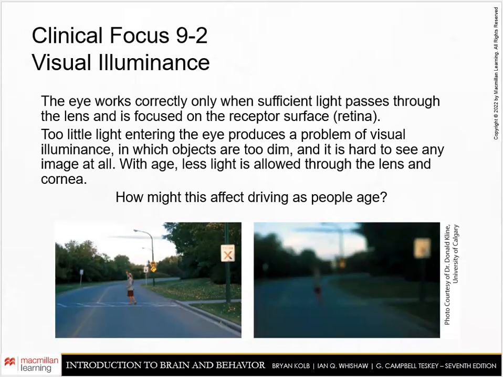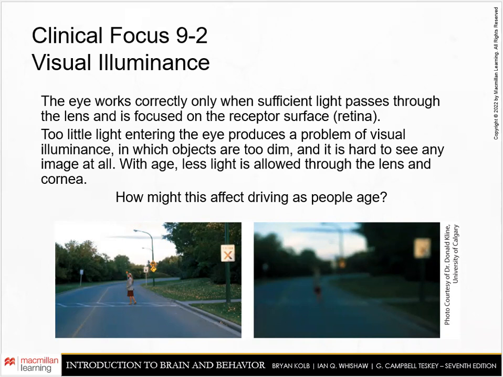It's important to recognize that visual illuminance is typically a complication of aging eyes, but it's one that corrective lenses alone cannot cure. The eye's lenses and cornea allow less light through as we age. So as a result, there's less light that's available to strike the retina.